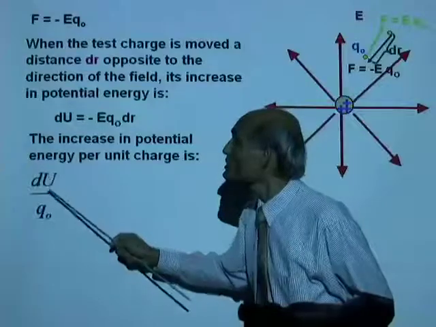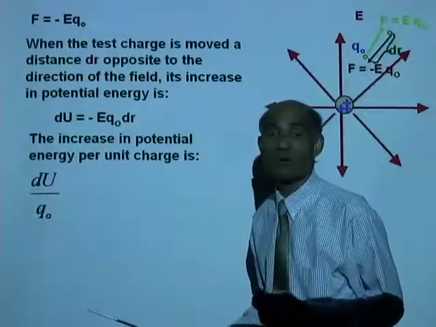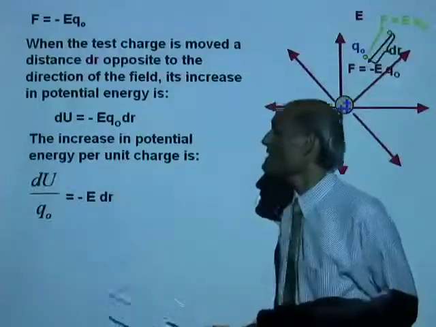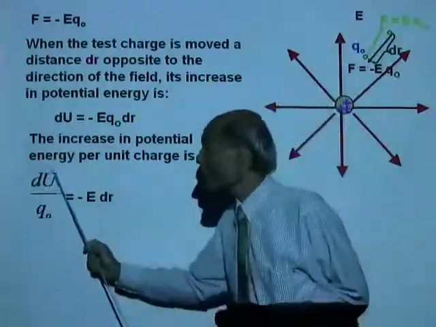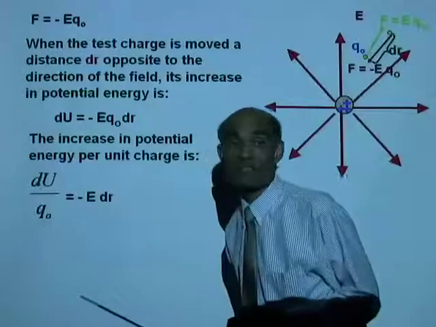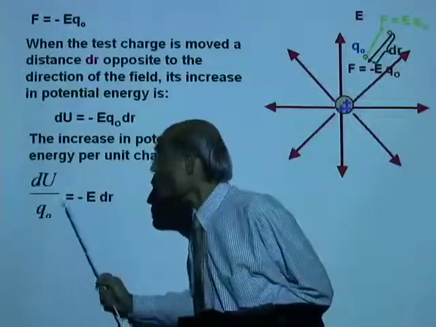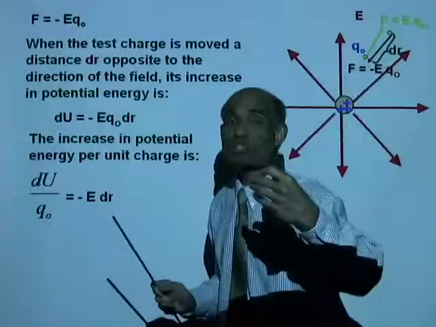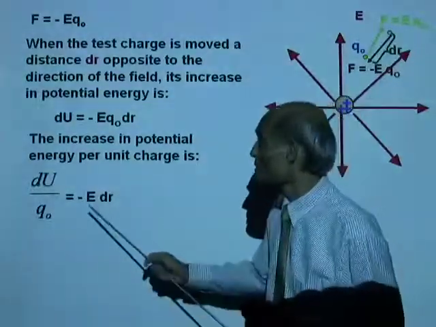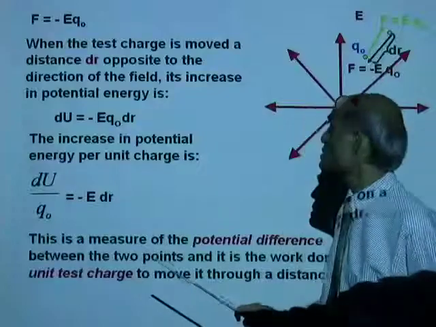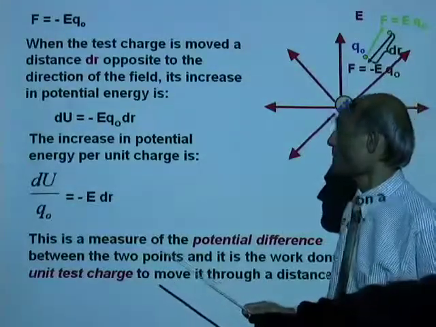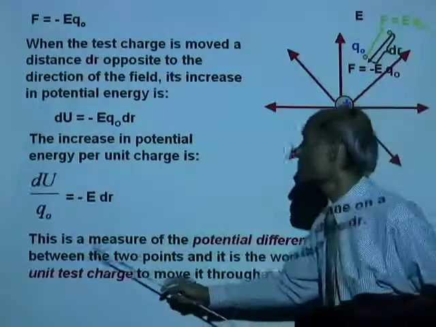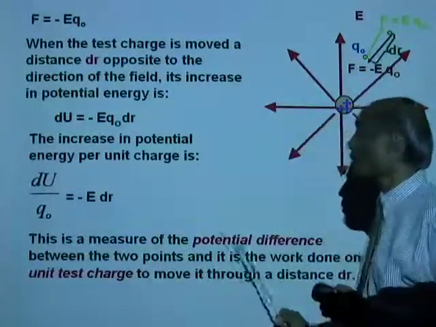That would be dU over Q0, and that will be negative E dr. Now this has some significance. dU over Q0 is called the increase in potential per unit charge, and that is equal to negative E dr. Now this is a measure of the potential difference between the 2 points.